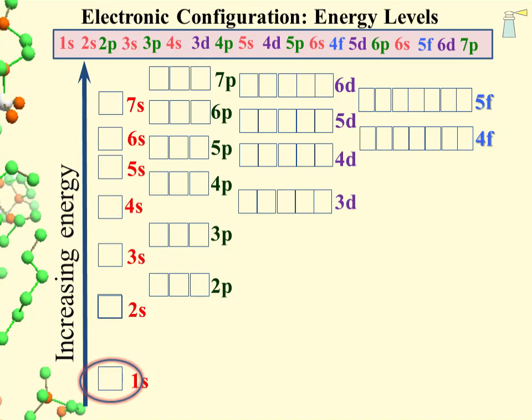At the bottom is the single 1s orbital. It is represented by a single box. A bit higher, we see the three 2p orbitals. They are represented by three boxes, which are at the same energy level. Jumping up even higher, we find the five boxes that represent the 3d orbitals of the n equals 3 energy level.